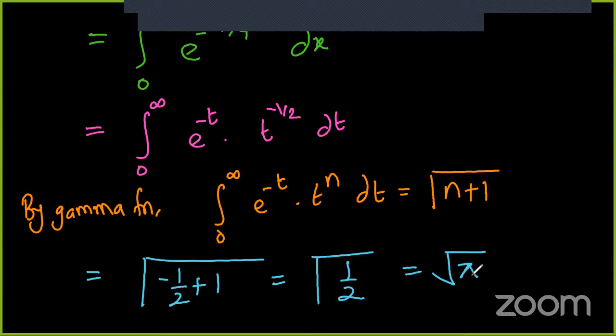So whenever you see in life that there is one gamma and it is under the 1/2, then the answer is root pi.